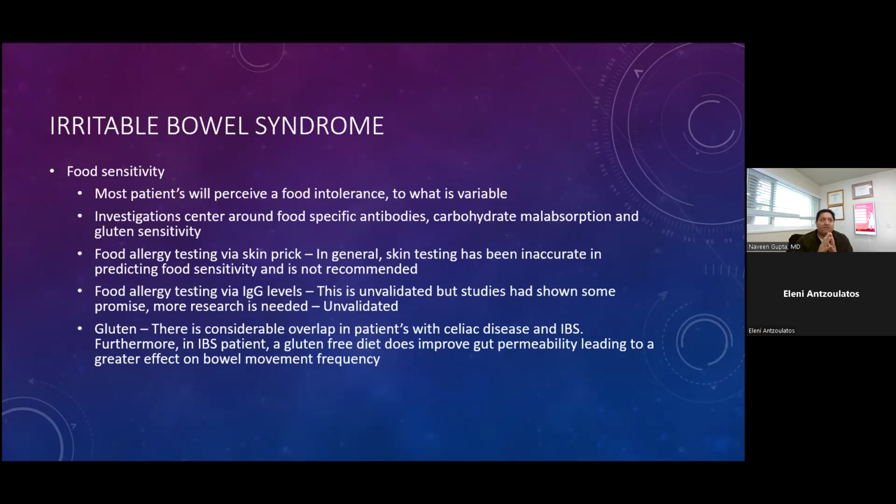There is no doubt in most patients with irritable bowel syndrome, if you do take them to a gluten-free diet, you do improve their gut function. You do seem to affect their motility, and their bowel frequency seems to improve. Does that mean that they had celiac disease? No, but there just seems to be a crossover between the two.